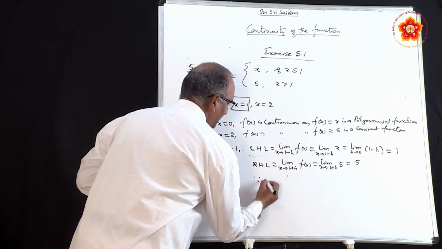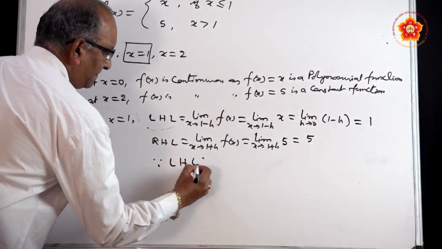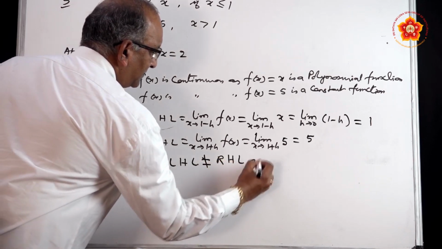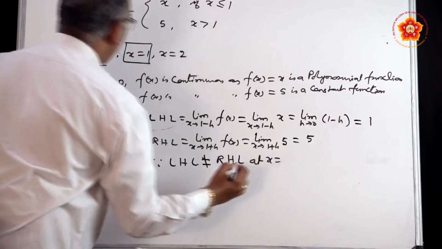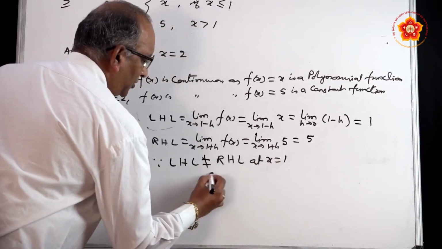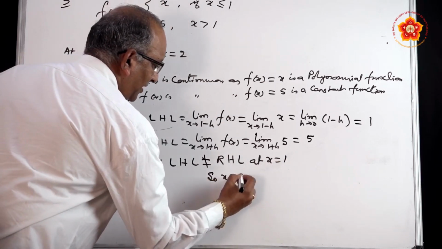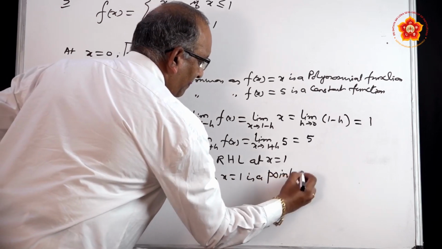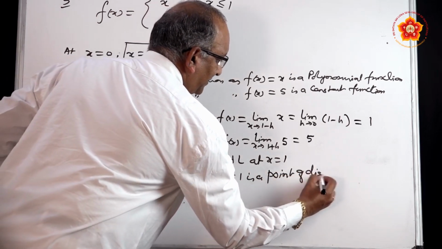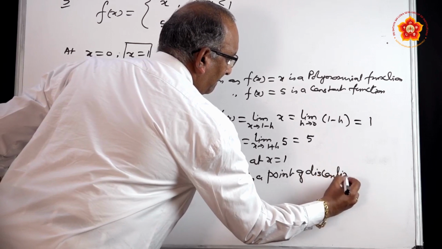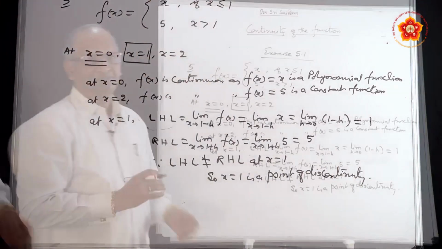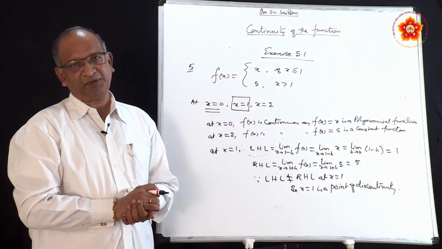Since left hand limit is not equal to right hand limit at x equal to 1, x equal to 1 is a point of discontinuity. So this is how we solve this problem. We will move on to the next problem.